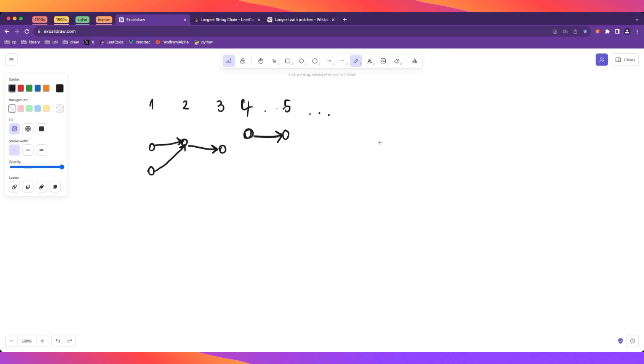It doesn't have cycles, and since this has arrows, it is directed. So this is what's called a DAG, which is just a fancy name for what we said: a directed graph that doesn't have cycles. Directed acyclic graph.